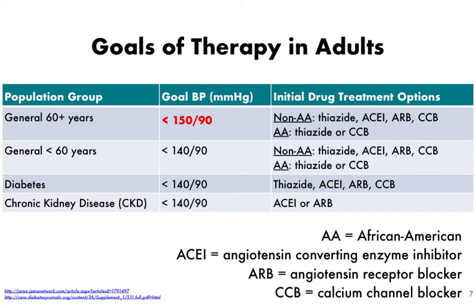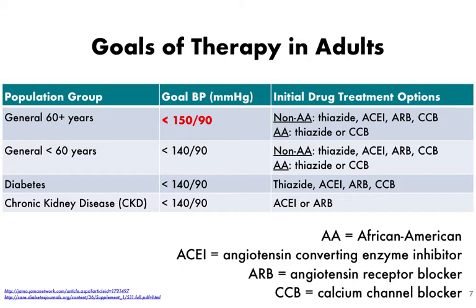And the reason is patients over 60 are more likely to have adverse effects from hypertension medications. They're more likely to be at fall risk, and especially when we add on blood pressure medications. So we can give them a little more leeway in that systolic blood pressure so that we don't push them too far down and cause them to have too many adverse effects.